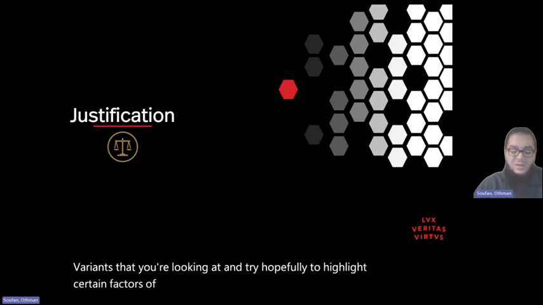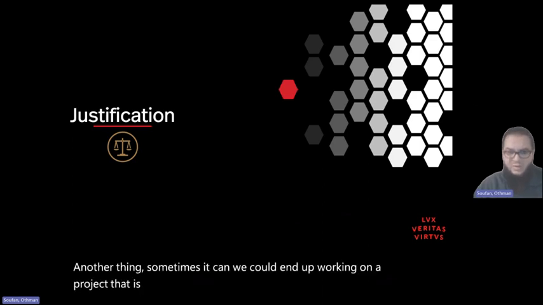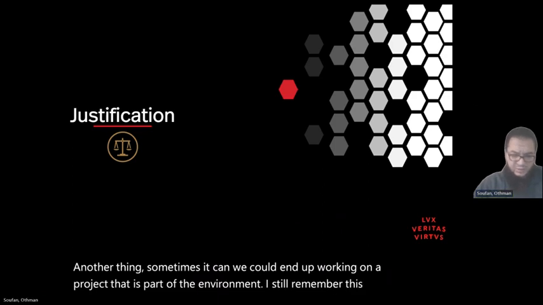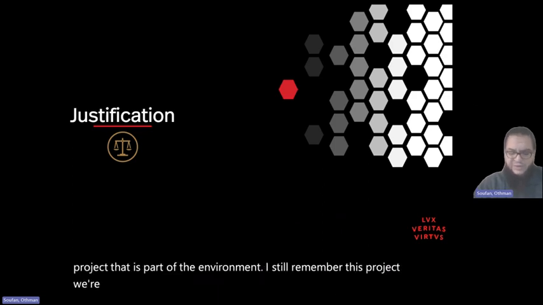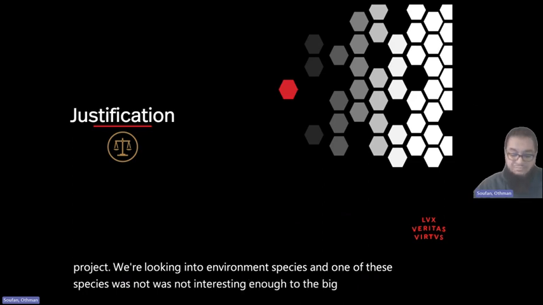Another thing, sometimes we could end up working on a project that is part of the environment. I still remember this project. We were looking into environmental species, and one of the species was not interesting enough to the big institutes.